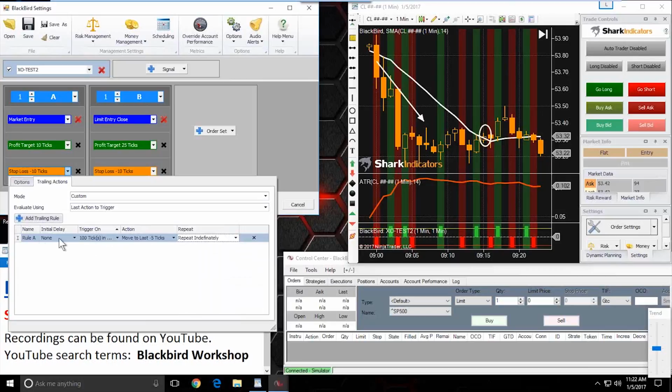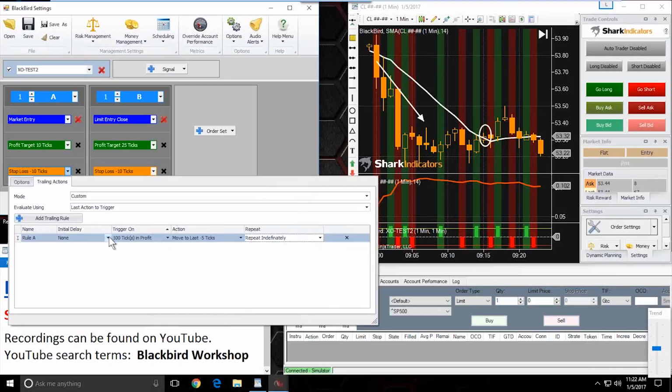So let's say, for example, the way I got this set up here, right? We're looking for 100 ticks in profit. So the first time that we get 100 ticks in profit, that's gonna trigger on a tick-by-tick basis.